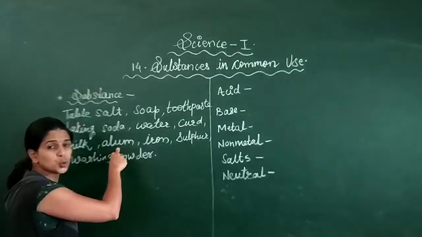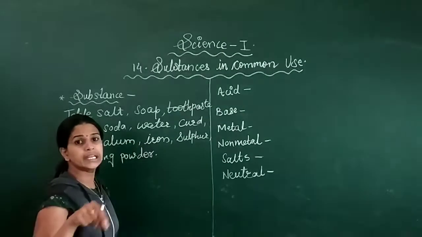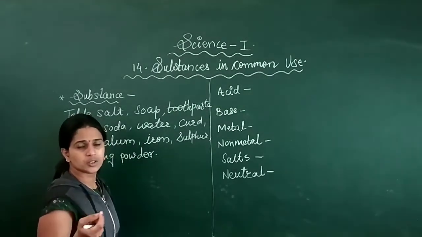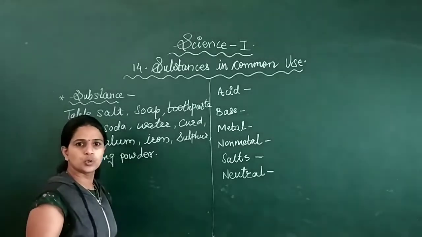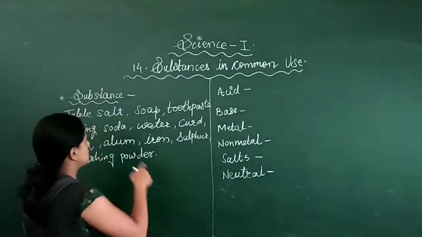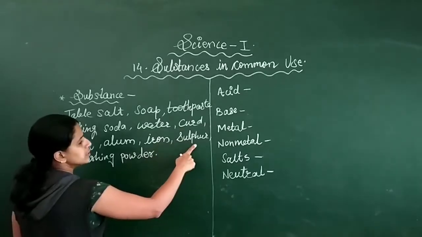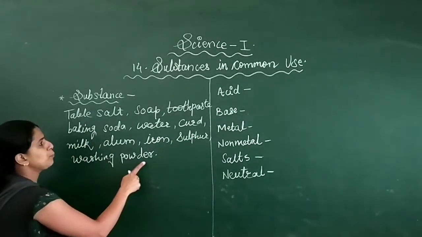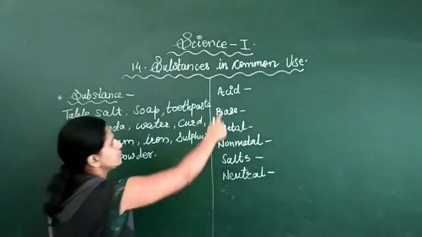Alum is turti in Marathi, we use it for cleaning water, so the residue of water settles down to the bottom. Then iron, sulfur and washing powder. Now we have to classify them.